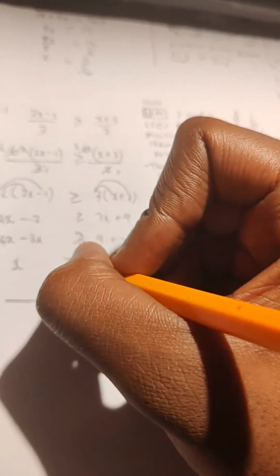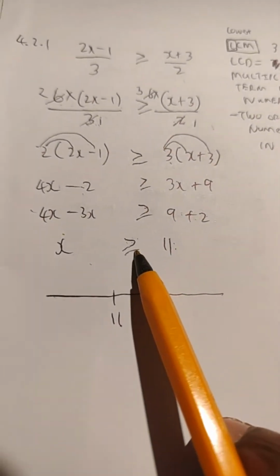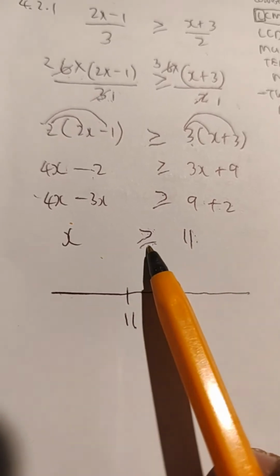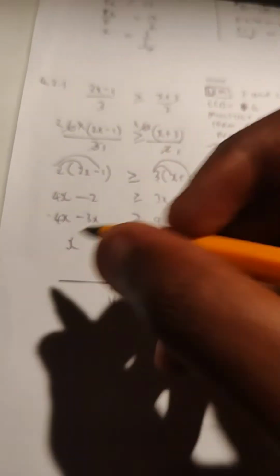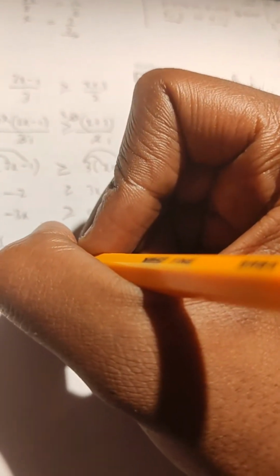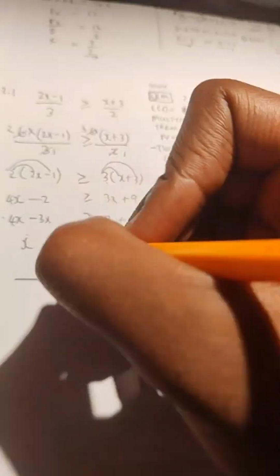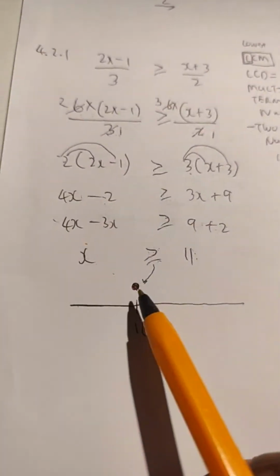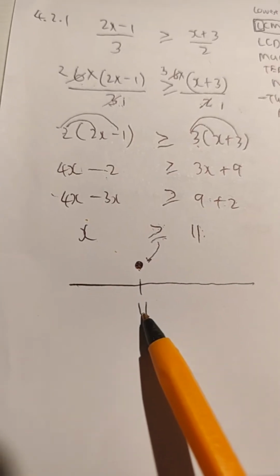And it is also equal when x is greater than 11 but also equal to 11. So exactly at 11, we shade, because the equal sign leads us to include 11.